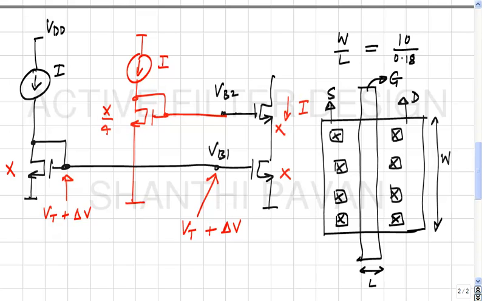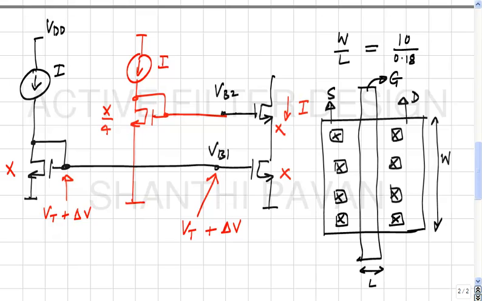All right. Now the question is, do you want to make a transistor 10 by 1? I mean, if you wanted to make a transistor 10 by 0.18, is this a good way of making a transistor of size 10 by 0.18? You understand?